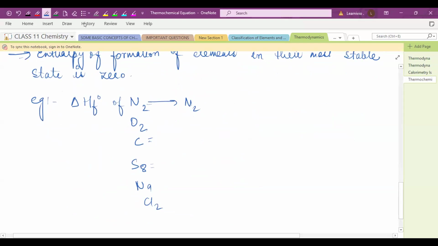So whenever you talk about the elemental form, N2 or O2, these molecules exist in a stable configuration. So that's why their enthalpy of formation is always zero. We will take the enthalpy of formation of these always as zero. Clear? Why it is zero? Ma'am.